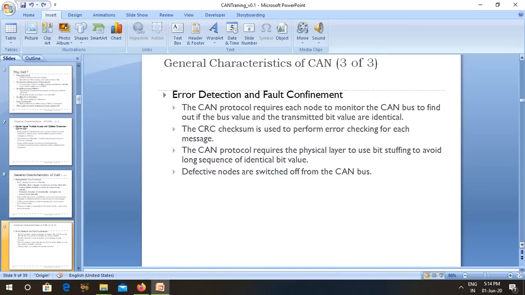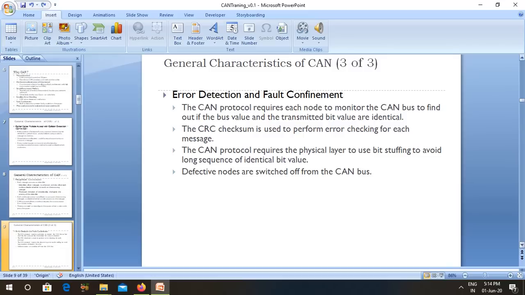The third characteristic is error detection and fault confinement. As I told you before, the CAN protocol requires each node to monitor the CAN bus to find out if the bus value and the transmitted bit value are identical. For example, a message is going out of a node.